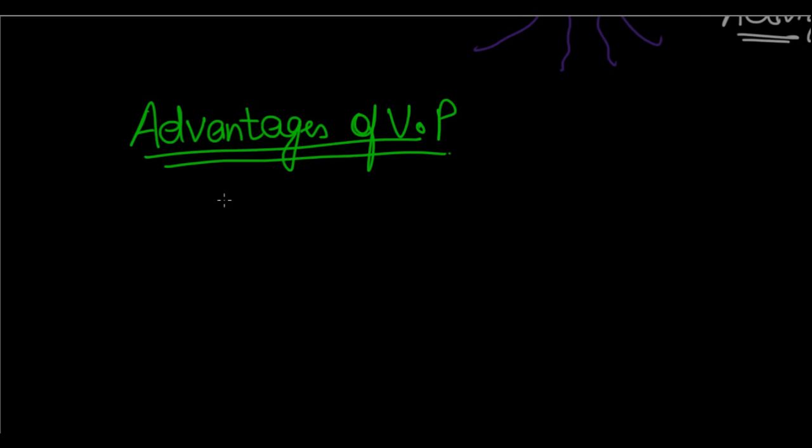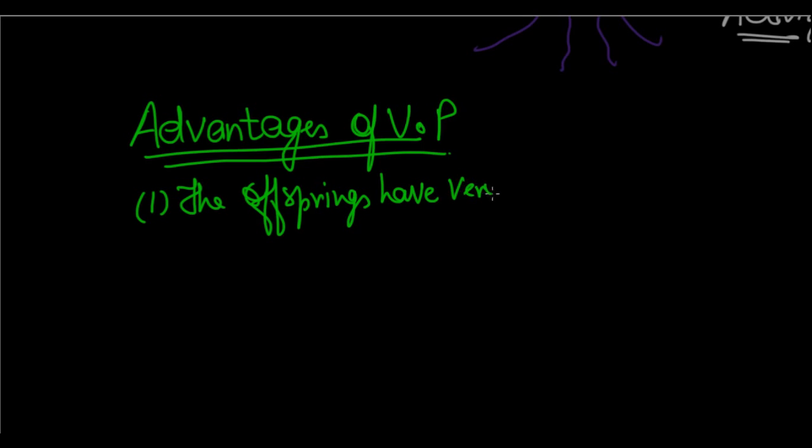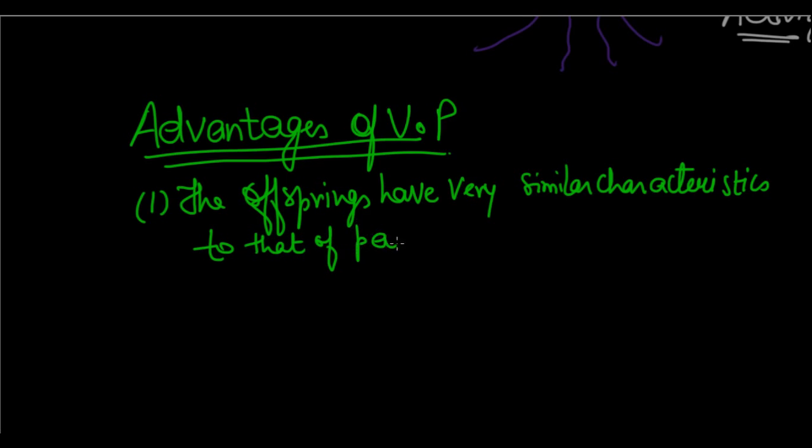There are many advantages of vegetative propagation. We'll be looking at some of them. First, the offsprings, or whatever we are producing, have very similar characteristics to that of the parents. Now, you might be thinking that we discussed this when we first discussed asexual reproduction. But let me make it clear.